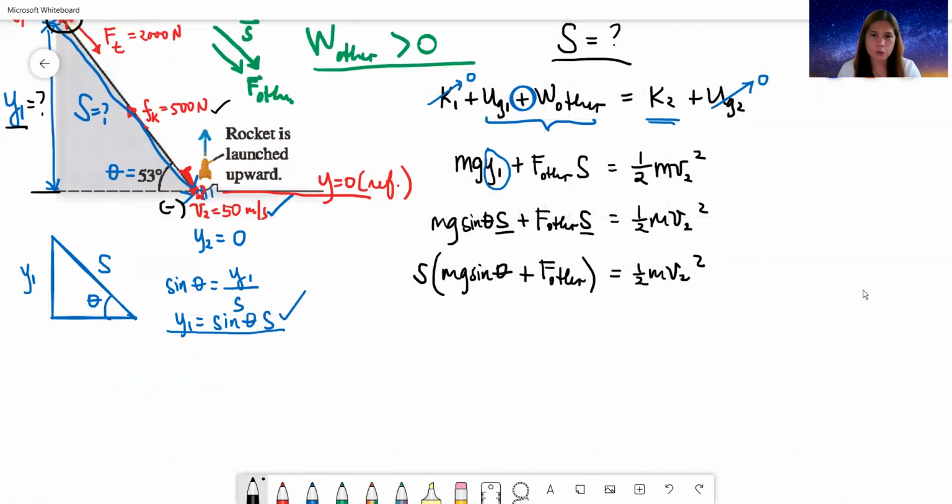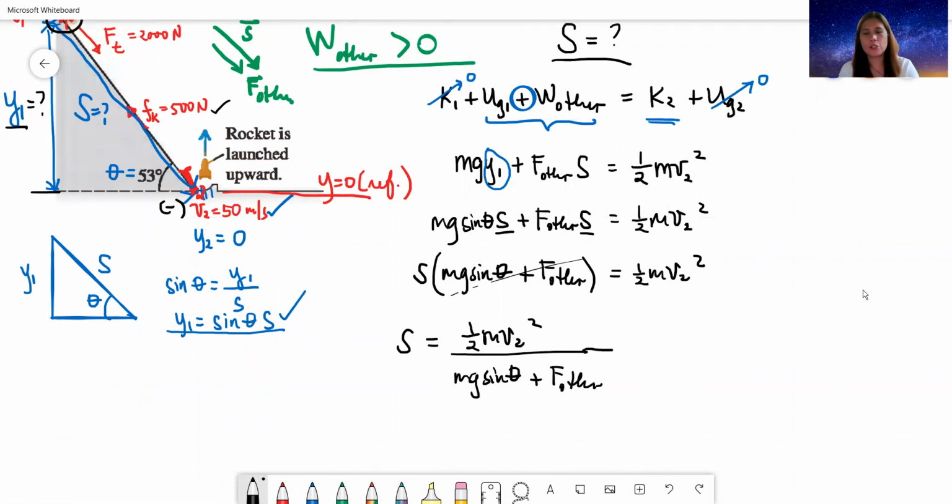Okay, so we transpose this term to the other side so that s becomes m v2 squared over m g sine theta plus F other. Now that we have our equation for s, it's time to put the values. Okay, make it a habit, class. You have to completely derive the equation of your unknown before putting in the values.